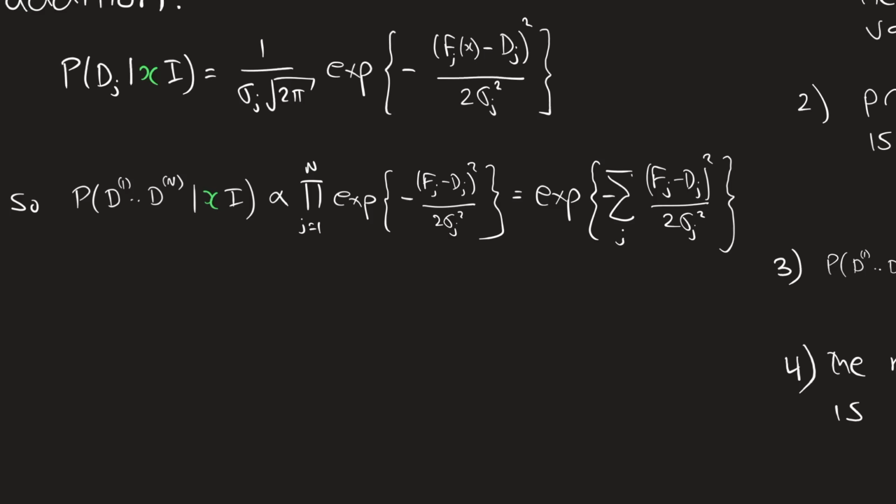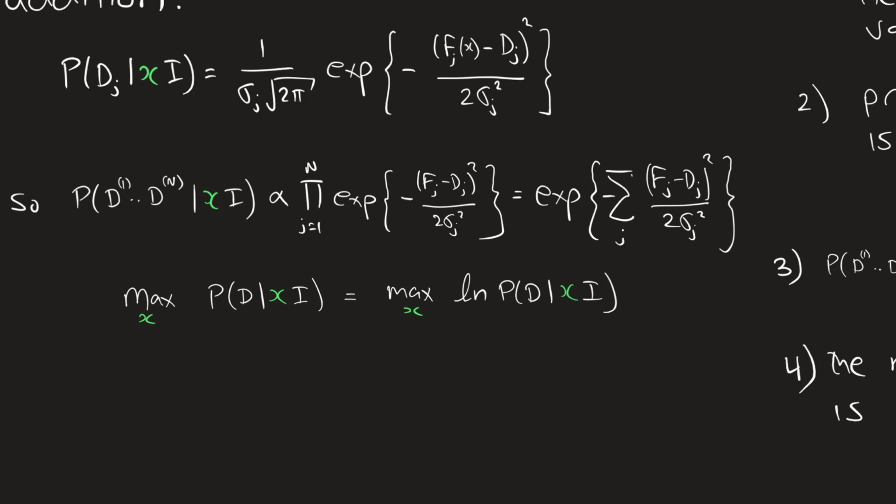We can simplify this further by realizing that the product of a whole lot of exponential factors is just going to be the exponential of the sum of those factors. Finally, remember we're trying to find the value of x which maximizes the likelihood. But we could equally well find the value of x which maximizes the logarithm of the likelihood, since they are monotonic functions of each other.